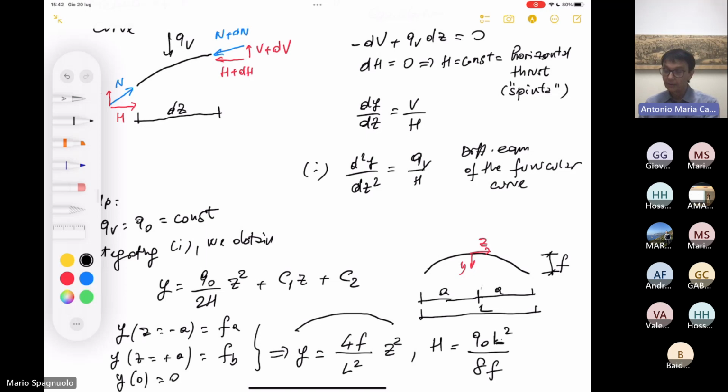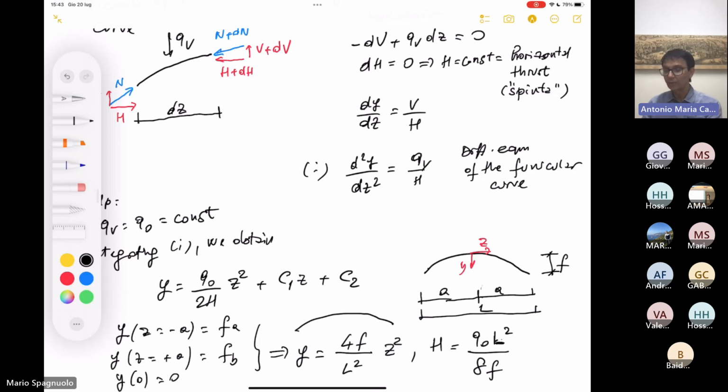On the other hand, when the arch is not statically determinate, the value of H will be determined through the elastic problem of the arch. And due to the deformability of the axis line, the axial deformability, and maybe also the shear deformability of the arch, we can have that the value of H does not correspond to this value.